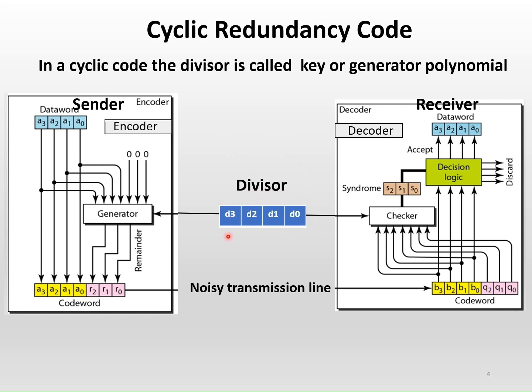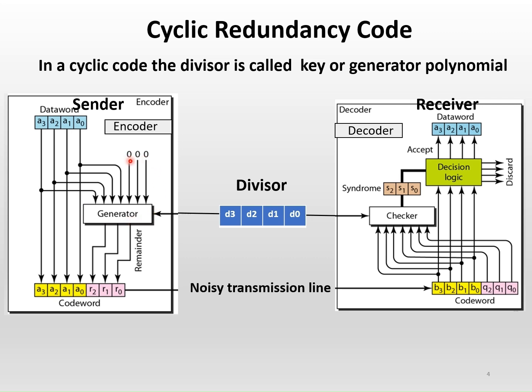Okay, so a 4 bits divisor has been taken, and then the data word, 4 bits data word. Because the divisor is 4 bits long, 4 minus 1, 3 redundant bits will be added with the data word.